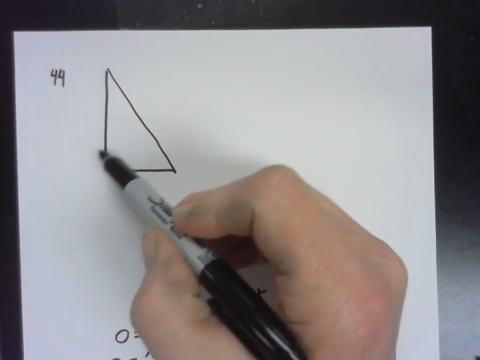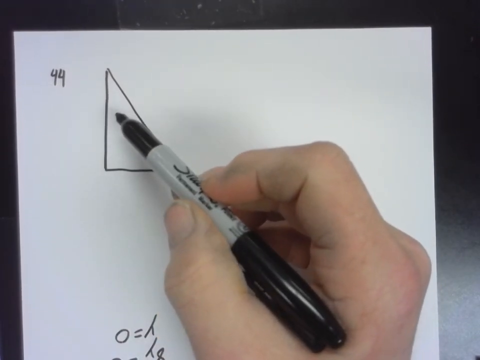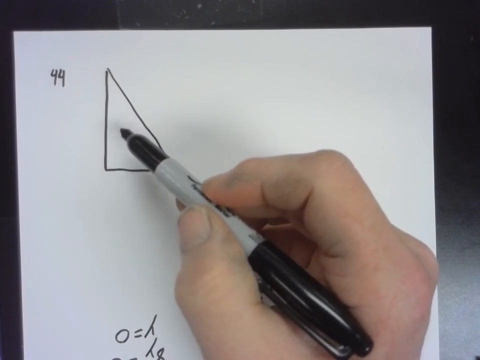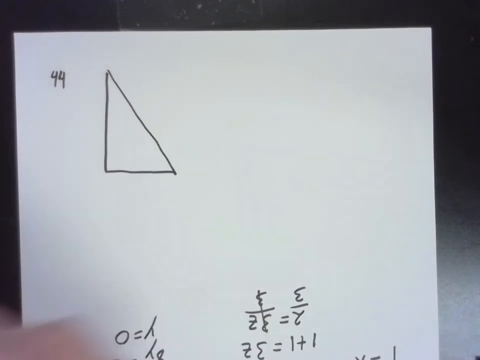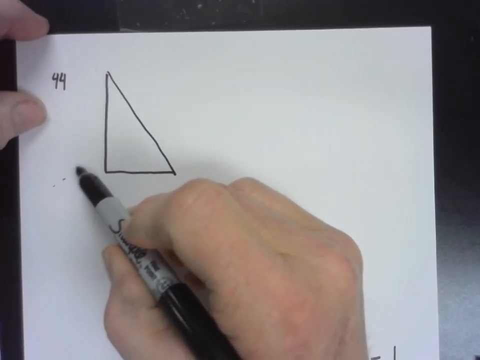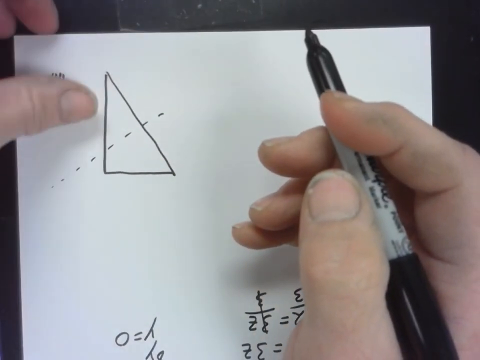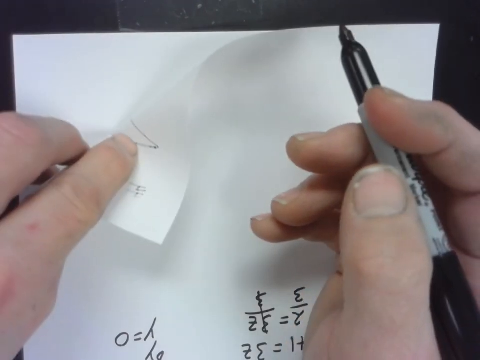Could we draw a line through here and then fold this across the line, so that half of the figure folded over exactly on top of the other one? It maps onto it. What do you think about that? Who says no? I see a lot of head shaking. Okay, that's right. There's nowhere that I can draw a line through here and then fold my paper on that line and make that figure map onto itself.